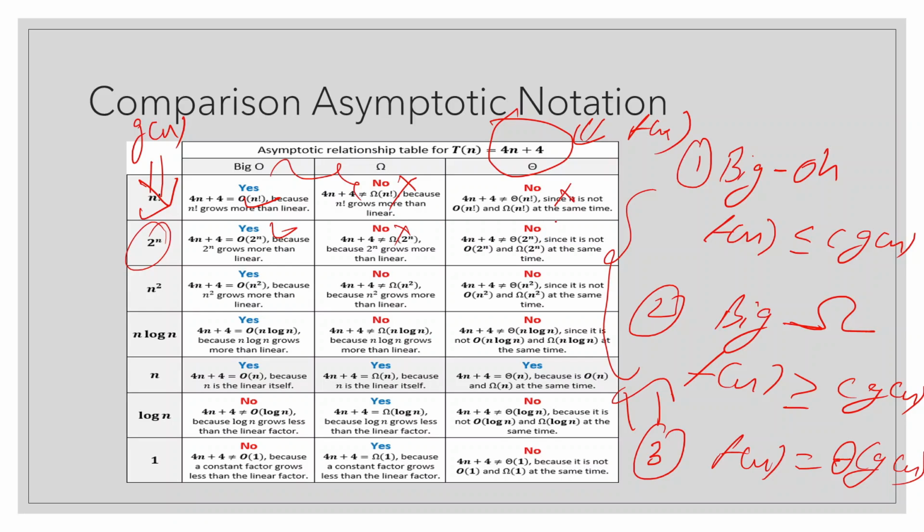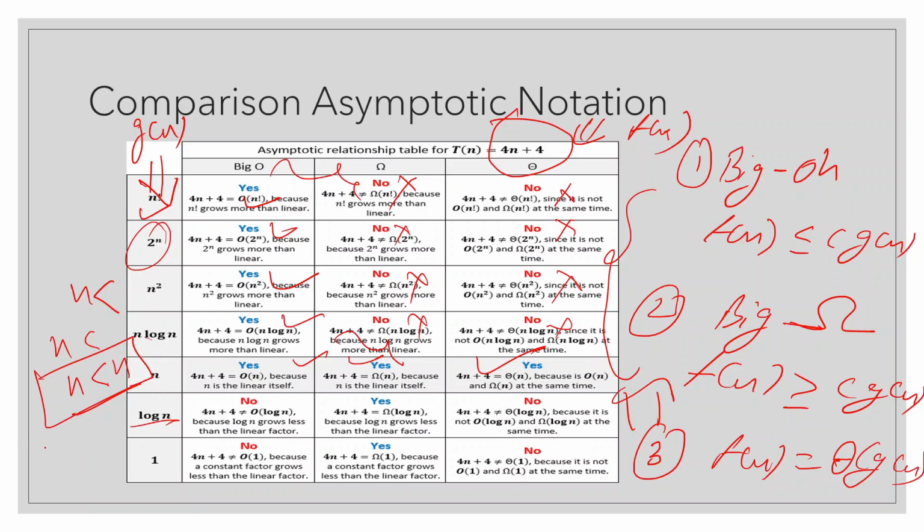Similarly, n squared, the n term is less than this, that's why it's satisfied. The explanation is also there below, so you can see and easily identify, but I have also explained that. If both are satisfied, this is also automatically satisfied.